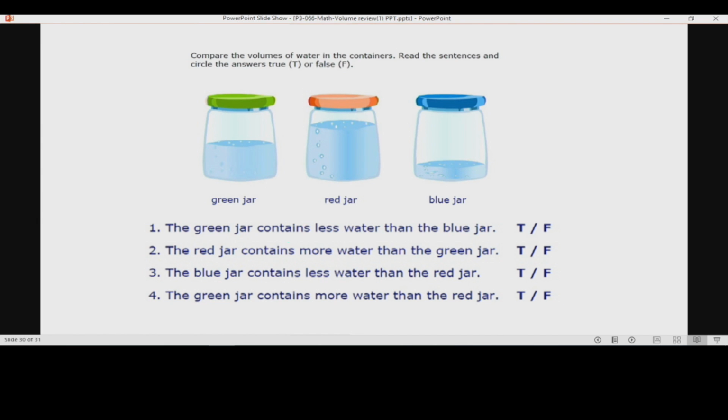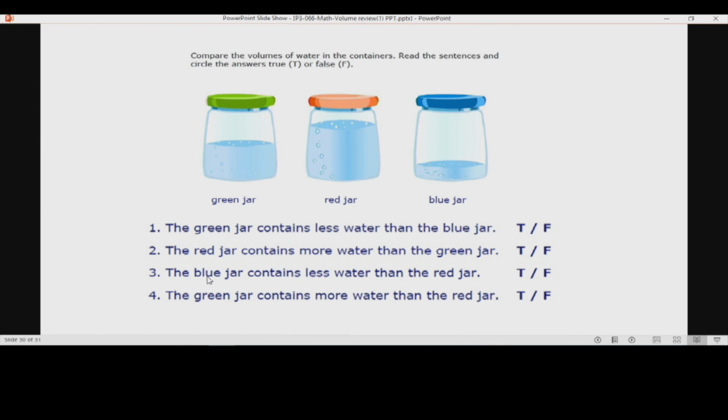The red jar contains more water than the green jar. True or false? True. You can see the red jar has water up to here. The green jar has water up to here. So we can see more in the red jar.